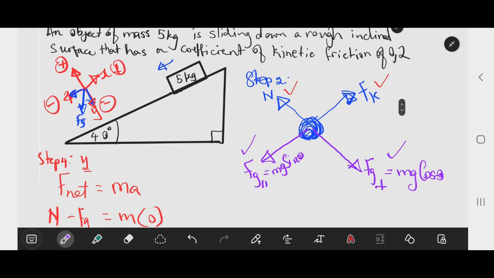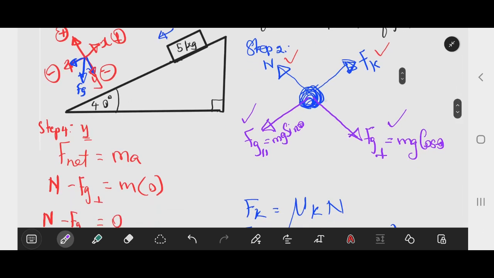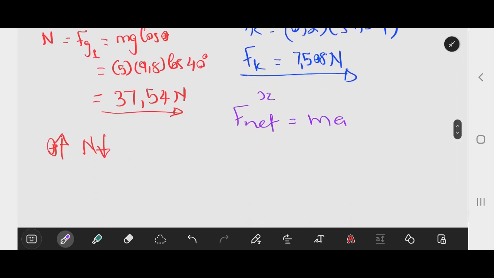And remember, from our system of axis, we are choosing up the incline as positive, down the incline as negative. So now Fk will be positive, according to our system of axis, and Fg parallel would be negative, and that is equal to the mass, and the object is accelerating down the incline, so that is negative a.